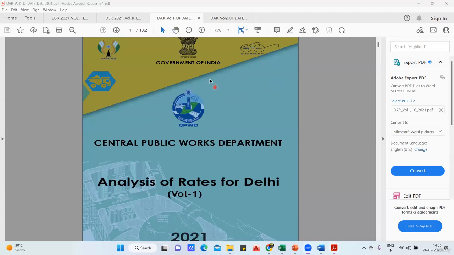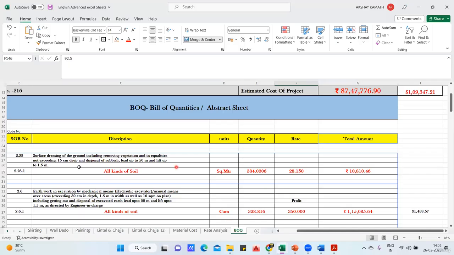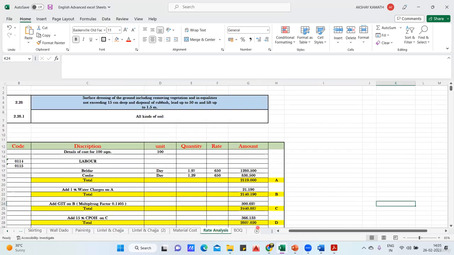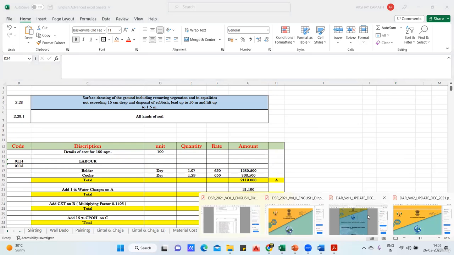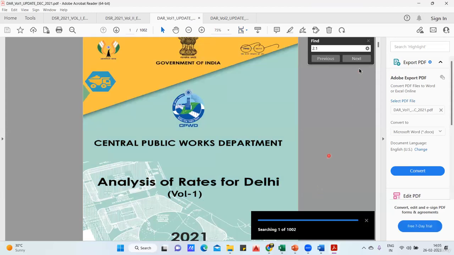Fine. From there, first we'll check the BOQ part, where it is written. So 2.28 is what I'm supposed to take. I'll go to the rate analysis. It is 2.28. So come to the DSR, look for DSR Volume 1. DAR it is. Control F, 2.1, enter.